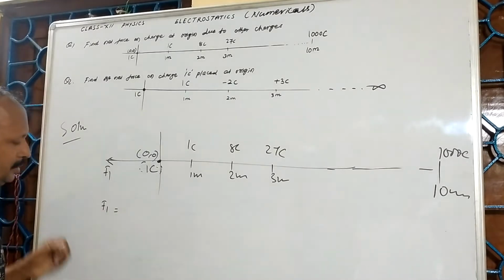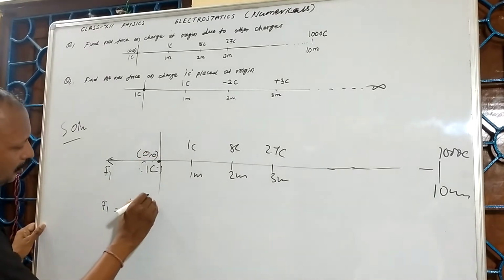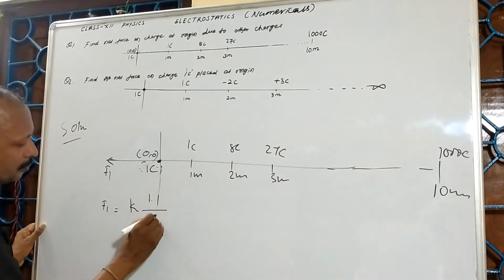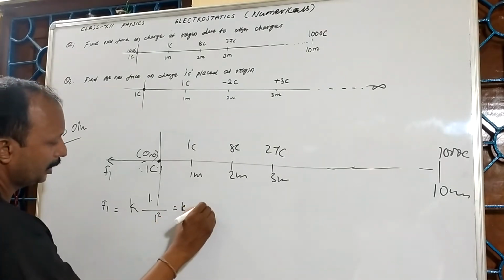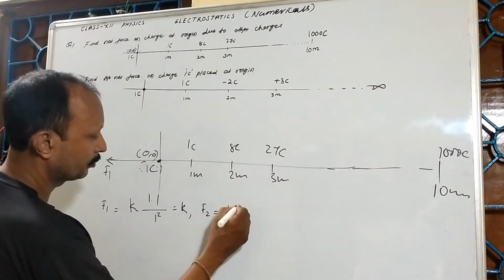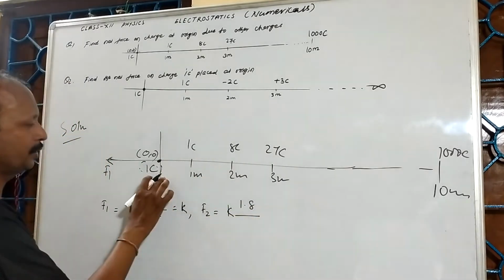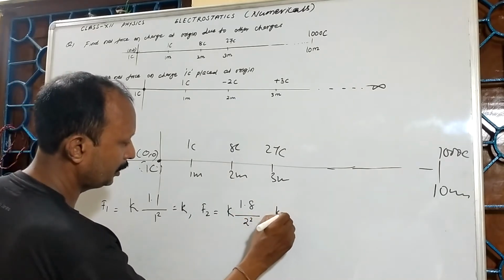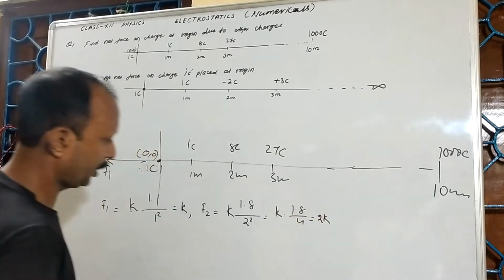Otherwise I can take it as K Q1 Q2, 1 into 1 divided by R square, here to here 1 square. That means this is equal to K. Similarly, F2 is equal to K, 1 into 8 divided by 2 square, here to here 2 meters. That means K into 1 into 8 divided by 4, so this is equal to 2K.